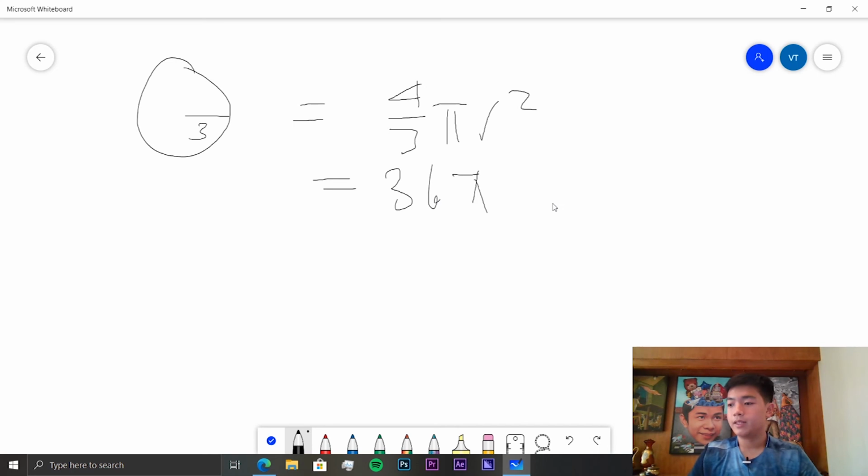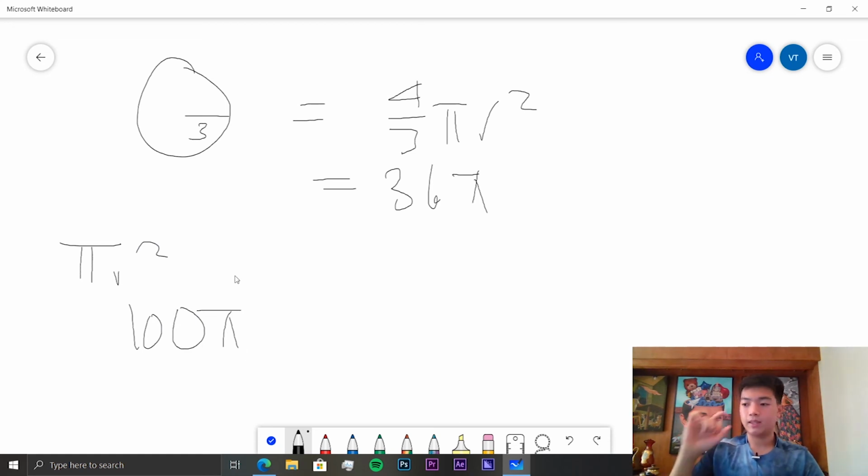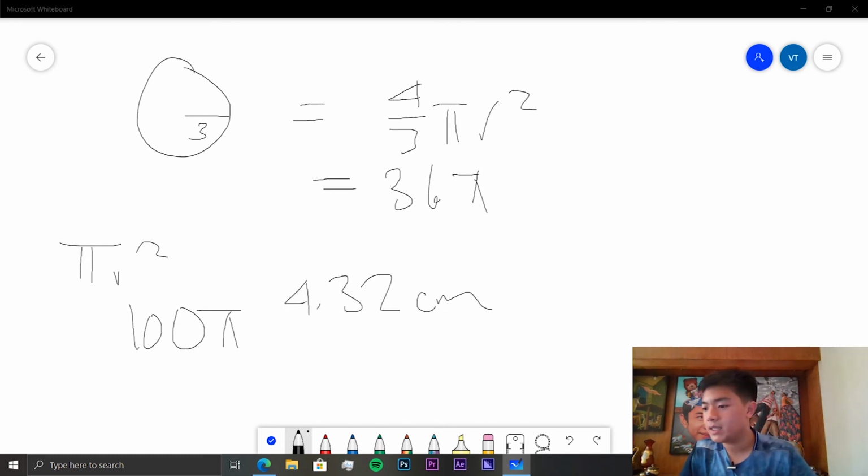And for every unit of height, the cylinder will take up a volume of, radius 10, so pi r squared. So it's 100 pi per cm in height. So we have 36 times 12 divided by 100, which is equal to, I think, 4.32 centimeters. So yeah, I think we should see a rise of 4.32.